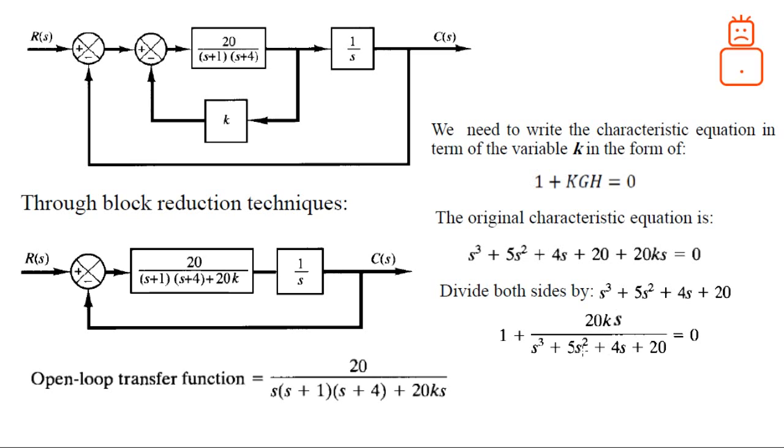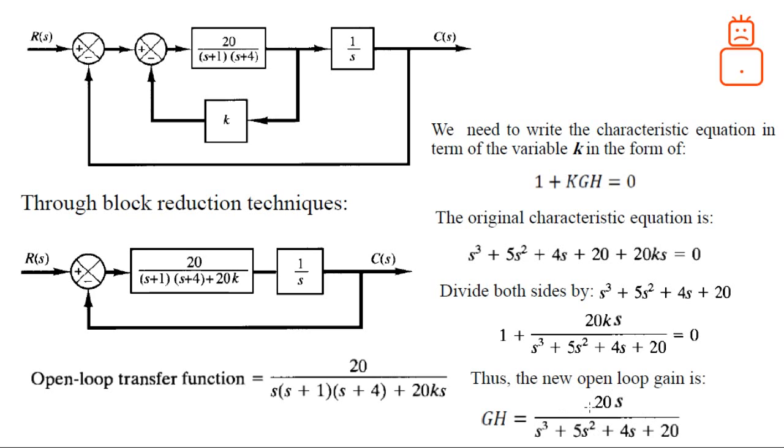From this new characteristic equation, we can conclude that the new open loop gain is given in this format. So now we are going to draw the root locus using this open loop gain instead of this open loop gain here. This open loop gain, as you can see, doesn't have any parameter in it, whereas this has the parameter as a complete term. So let's draw the root locus.